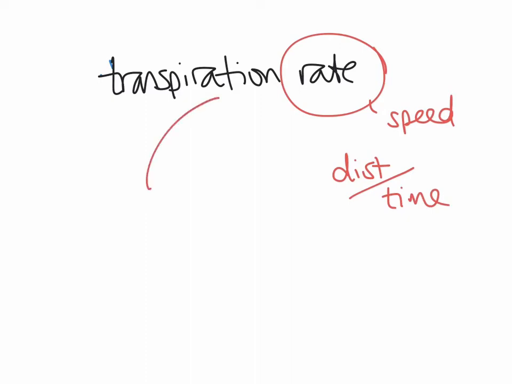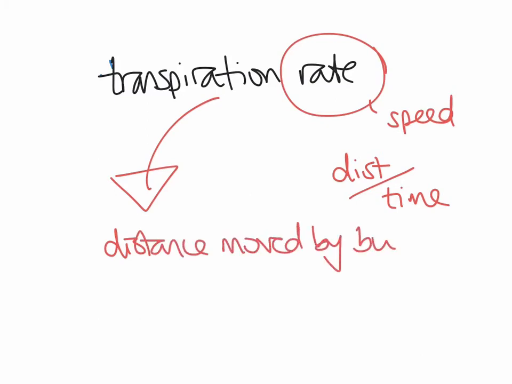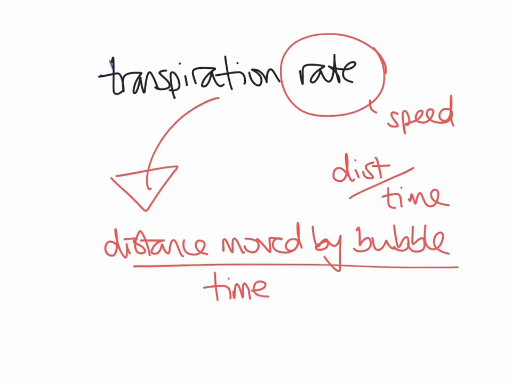So the transpiration rate is going to be the distance moved by the bubble divided by the time, which if we did what we wrote in the previous slide, is going to be 5 minutes. So you divide the distance moved by the bubble by 5.